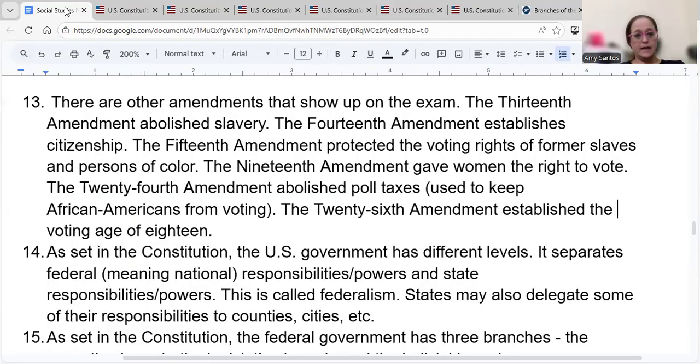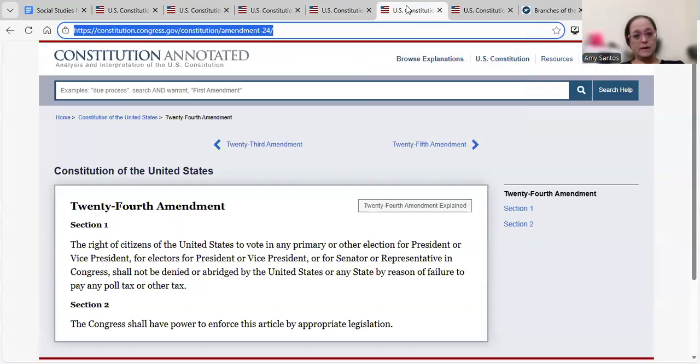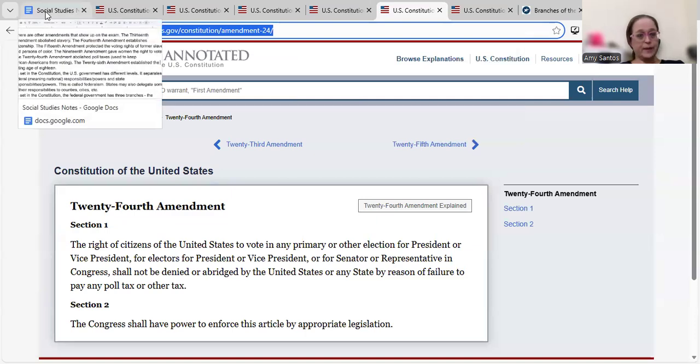And then the 24th Amendment abolished poll taxes. Poll taxes were used to keep African Americans from voting, and they basically charged people to vote. That's what a poll tax was.